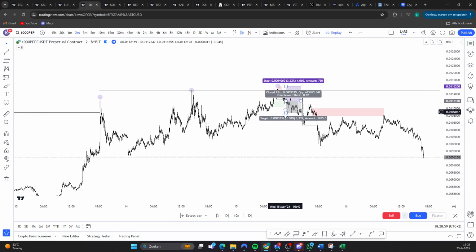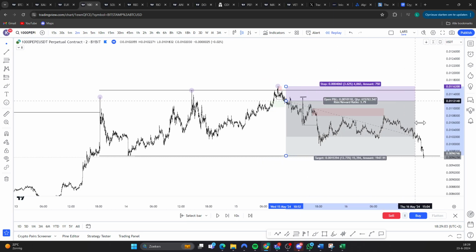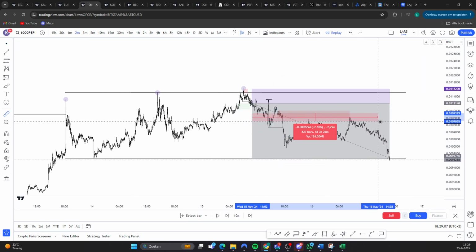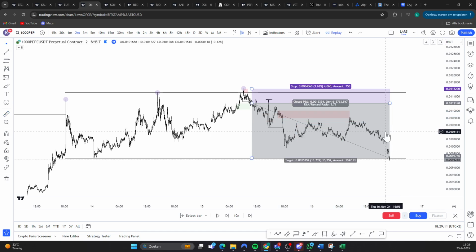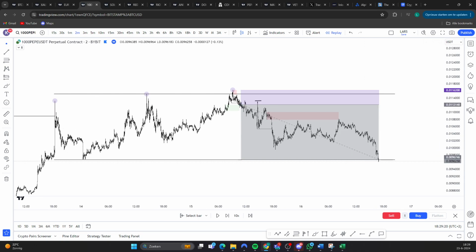Our target was 1 take profit at the range low, and we doubled down on our risk. How long would that trade last? A day and 6 hours. 3.8 times 2 is 7.6. So let's grab the Excel sheet.